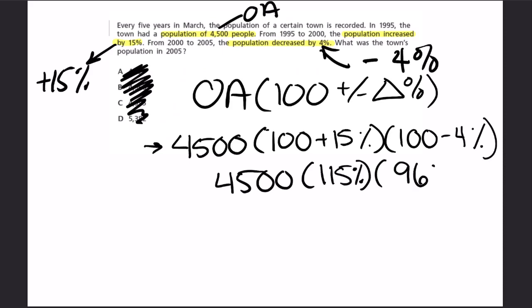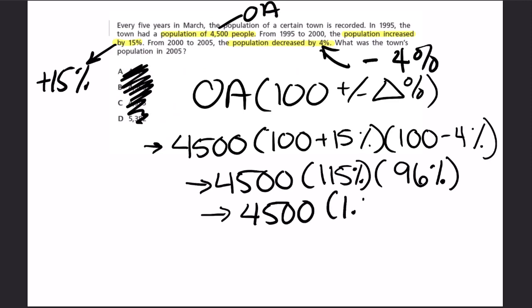times 96%. Again, quick mental math because we're just shifting that decimal 2 times to the left. So you have 1.15 and 0.96. All that math was nice and easy to do, really friendly numbers.